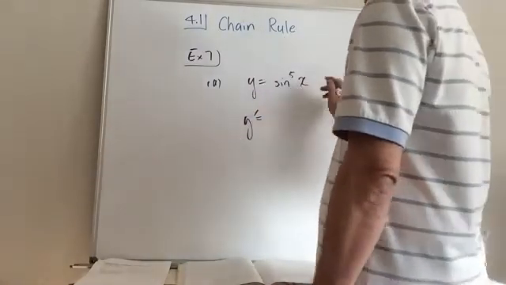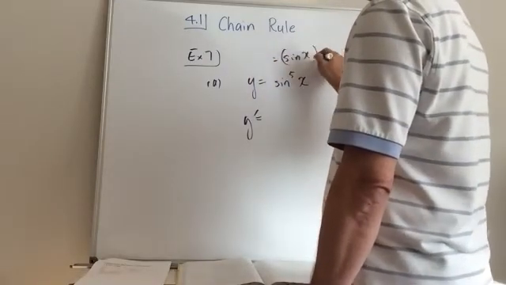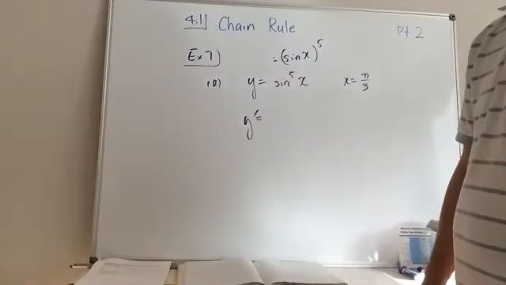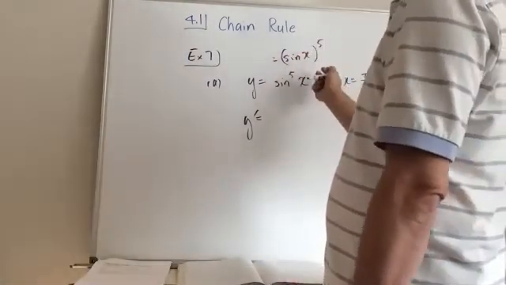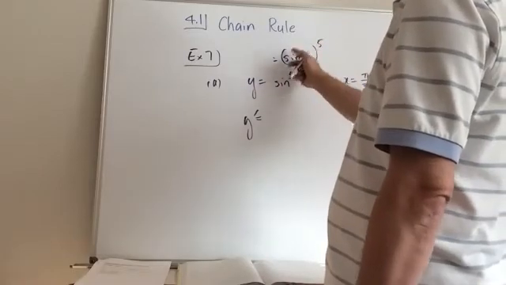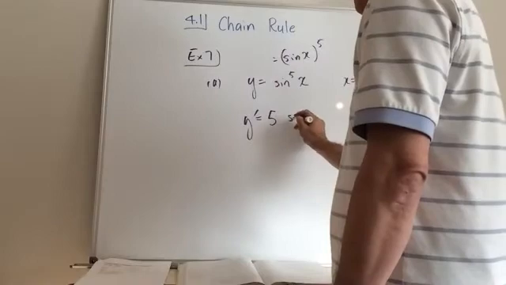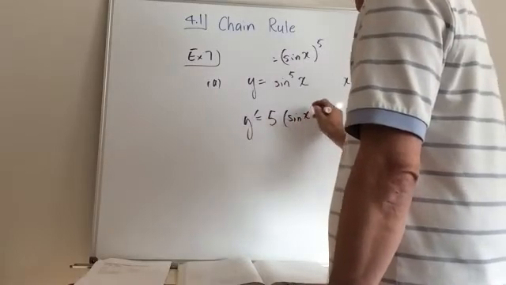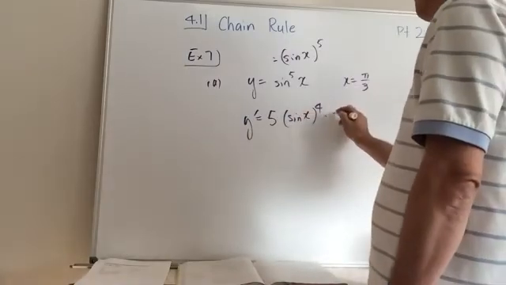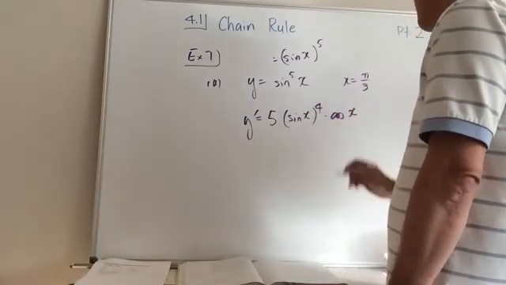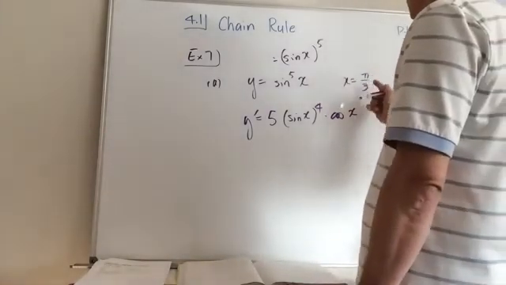This is the same as sine x to the 5th. It looks like a power of something, so it's going to be 5 sine x to the 4th. Then I have to take the derivative of sine x, which is cosine x. And you want the slope, so I'm going to put that in here.